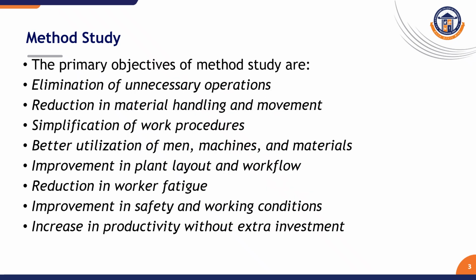The primary objective of method study is, first, elimination of unnecessary operations. When manufacturing is going on, the cost is there for every minute of manufacturing. There are some operations which are not necessary. Identify them and eliminate them. Second, reduction in material handling and movement.